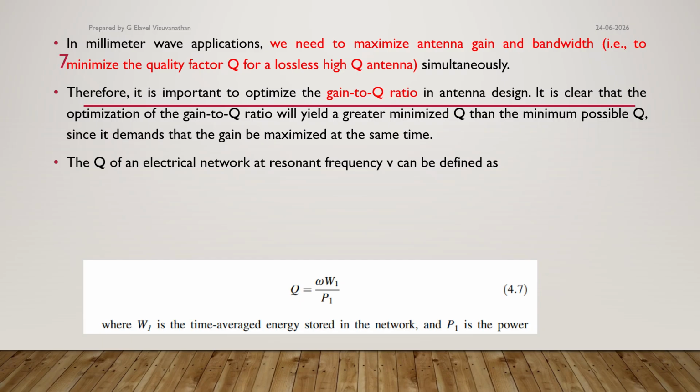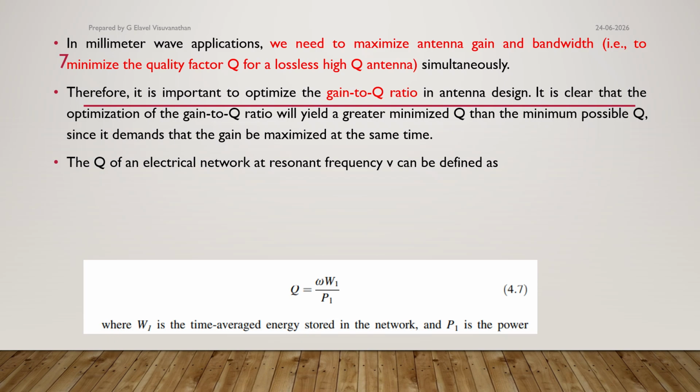So, Q plays a major role, because with this quality factor we are able to design the antenna. Once you design the antenna, it gives a clear picture according to the optimization of the gain to Q, which is greater than the minimum possible Q.